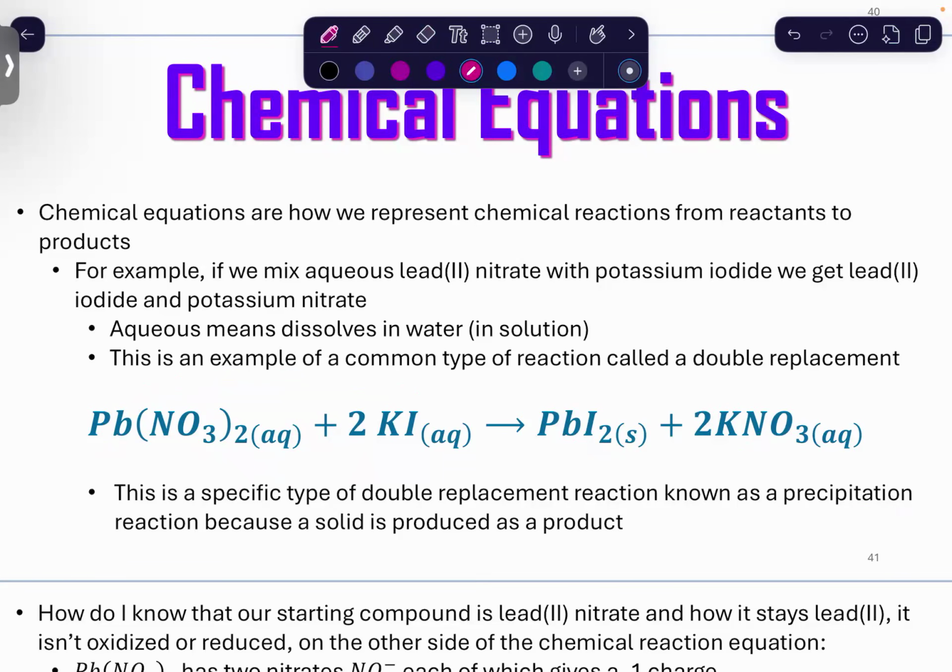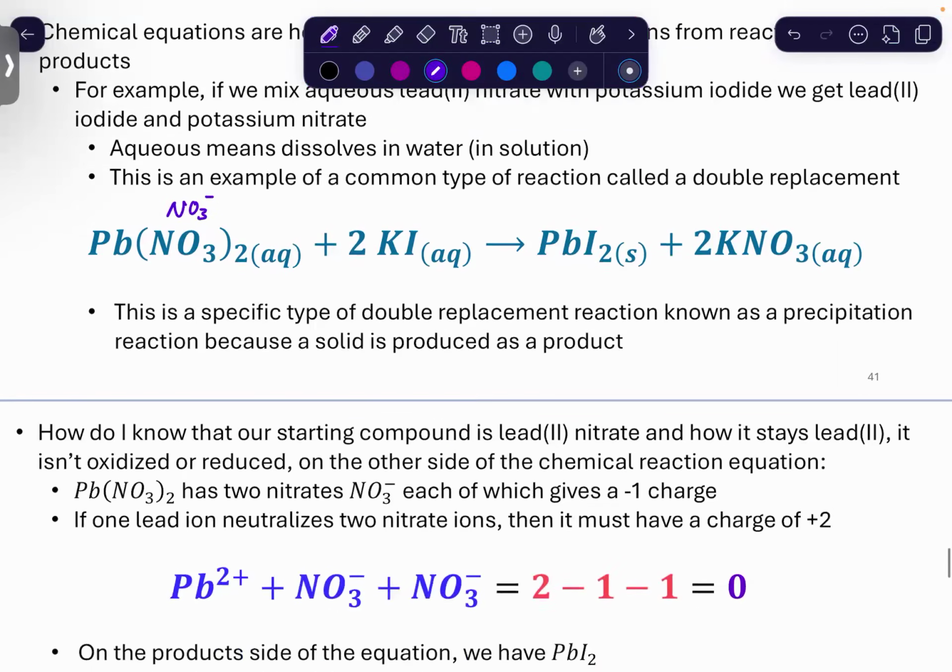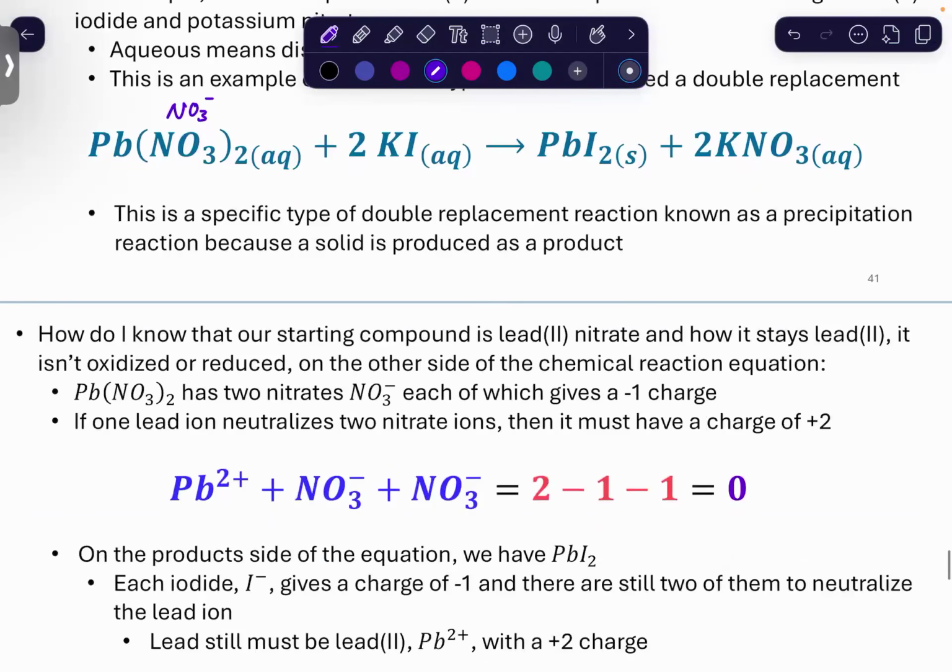They're going to trade. And then we have a mixture, an aqueous solution of lead 2 nitrate with potassium iodide. We get lead 2 iodide and potassium nitrate. Well, how do I know that that's lead 2 nitrate? Well, you should be working on this. Remember, your nitrates have a -1 charge. Okay, well, I have two of them.